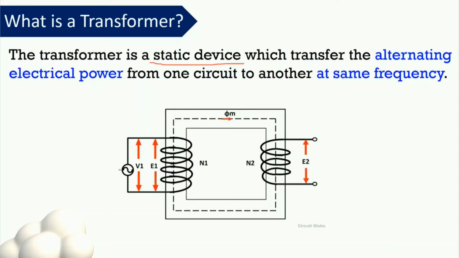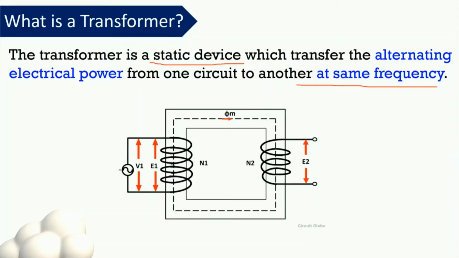The transformer has no moving parts, unlike an induction motor, where the rotating magnetic field, stator, and shaft are all moving. They have a rotating part to complete the process of power transfer. But in a transformer, the complete process of power transfer is done without any rotating parts. That is why it is called a static device.